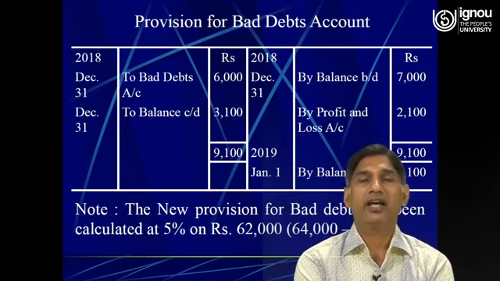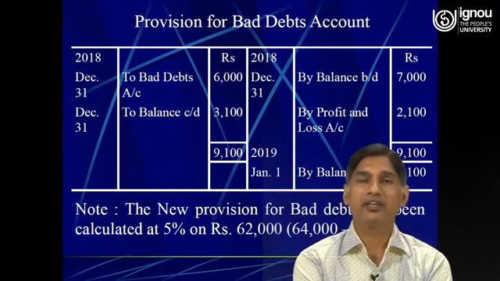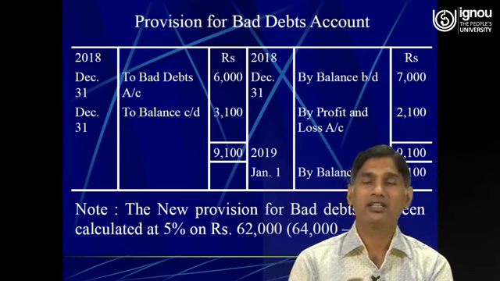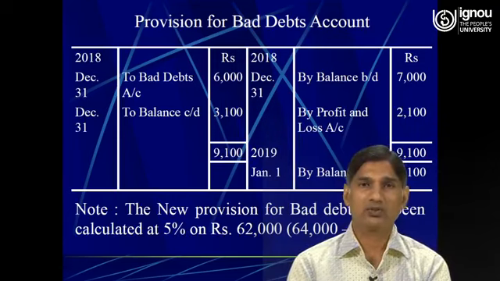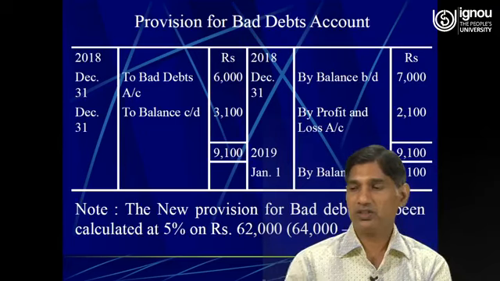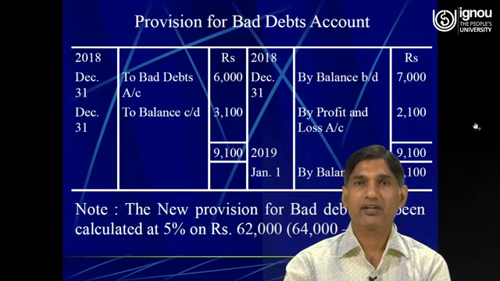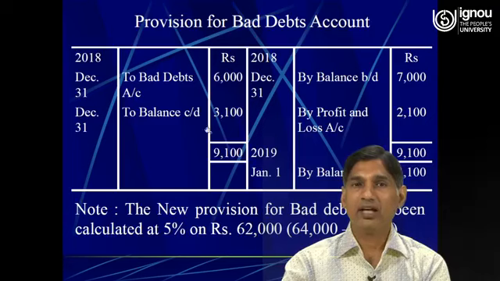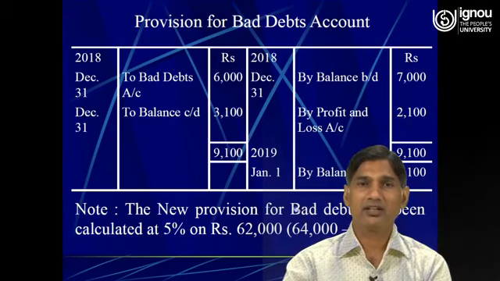Here, as I have calculated, the net amount of rupees 2,100 is debited to the profit and loss account, because old provision 7,000 is shown in the credit side here. Credit side 7,000, this is the old provision, and bad debts 6,000 we have already calculated from the previous one, and the balance 3,100 here is given as the new provision.